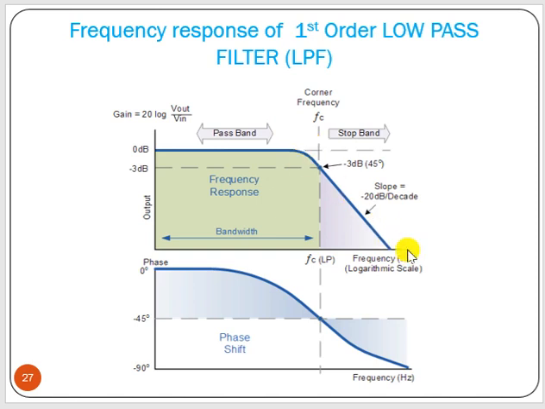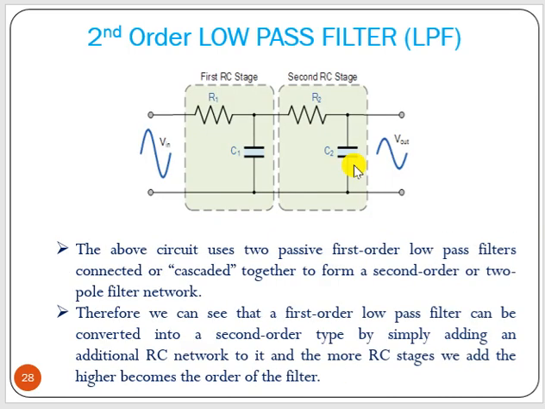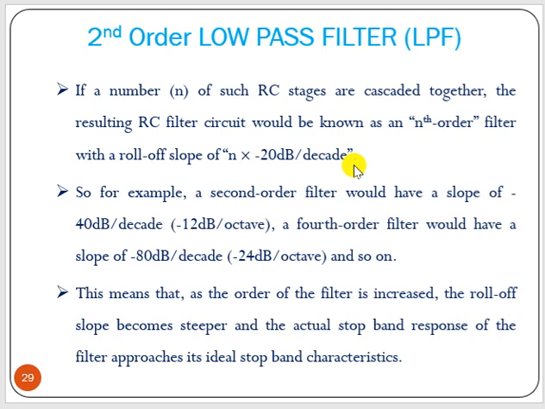This is the slope of attenuation. If the order is increased, this slope will increase by a multiplying factor of n. N is the order, so that is n into minus 20 dB per decade. That means for a second order system, the slope will be minus 40. It will be steeper.